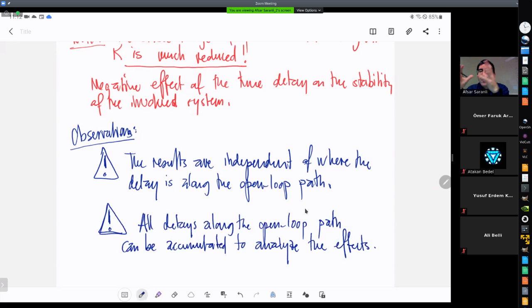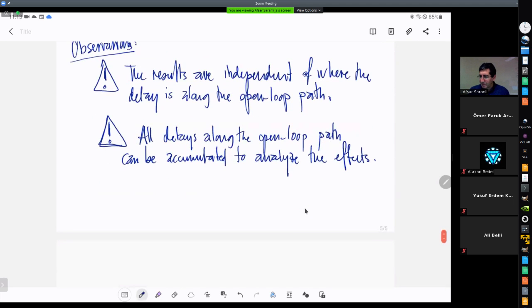Okay? On what? On the closed loop stability of the system, the closed loop poles of the system. Okay? Obviously, different delays may have effects on different parts of the system with different effects. But if you mathematically consider the closed loop poles, the effects will be combined together.